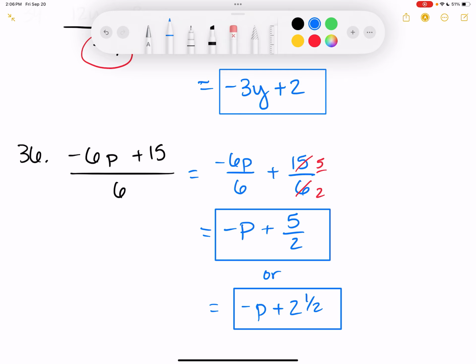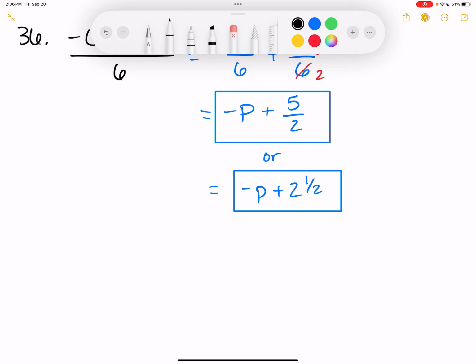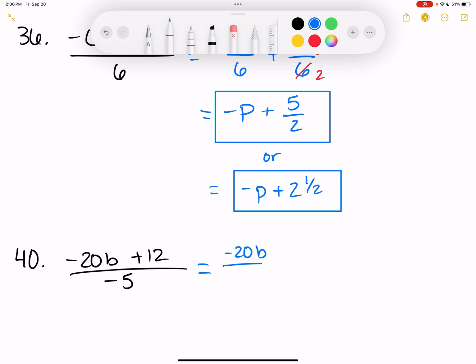Let's see, 40. Negative 20b plus 12 over negative 5. What does this one split into? Negative 20b divided by negative 5, and then 12 divided by negative 5. 12 is positive, so I need to make sure it's 12 over negative 5 on the bottom.